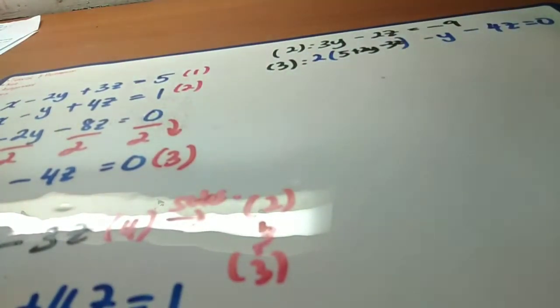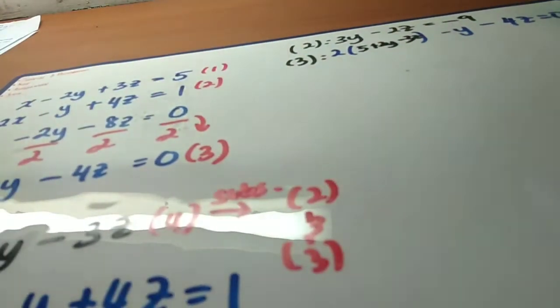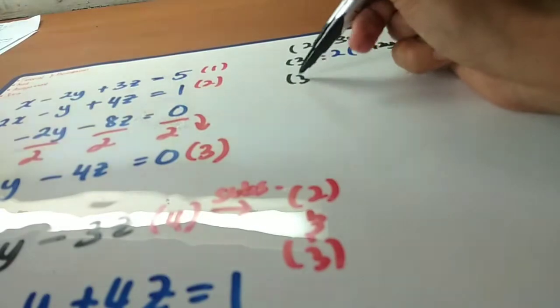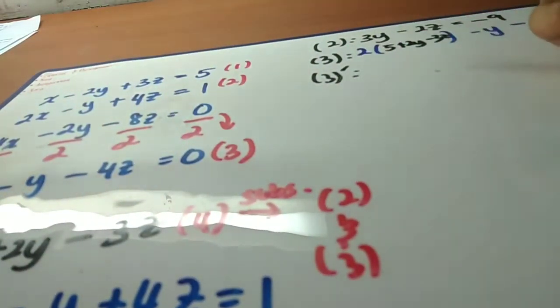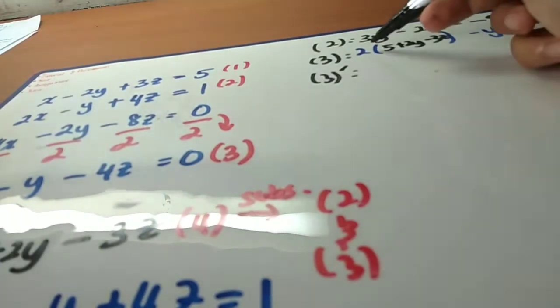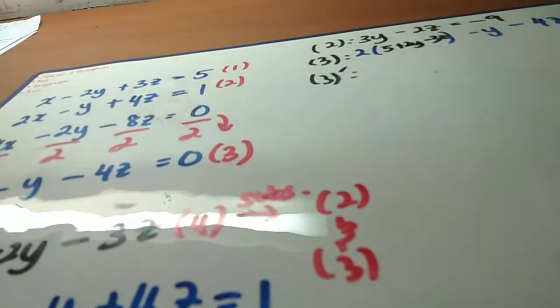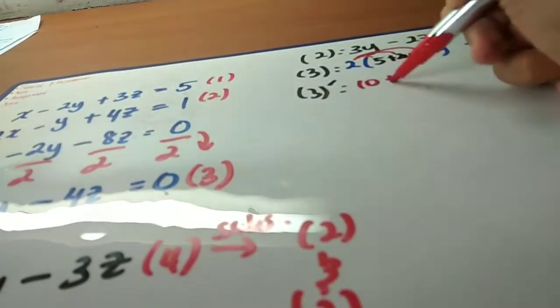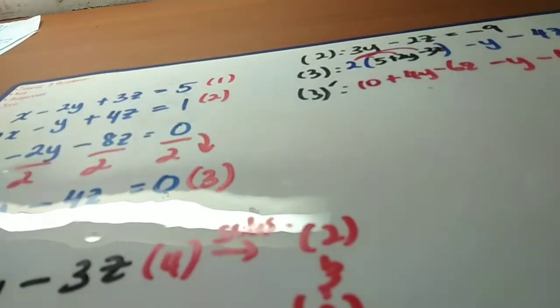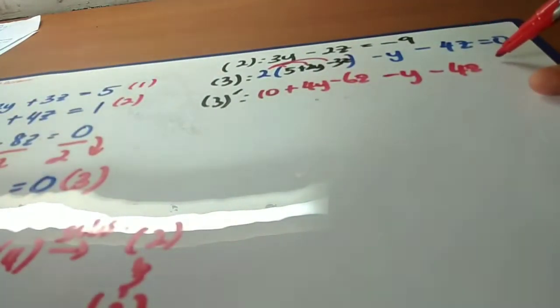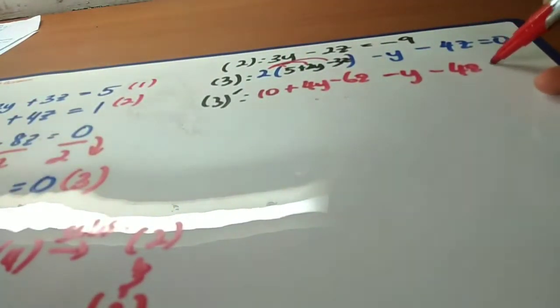And then we do the same thing, we expand the bracket. So this is the simplified form for equation 3. I am using the prime symbol to indicate it is being simplified. So this is 10. We just expand the bracket. So 10 plus 4y minus 6z minus y minus 4z, equivalent to 0.